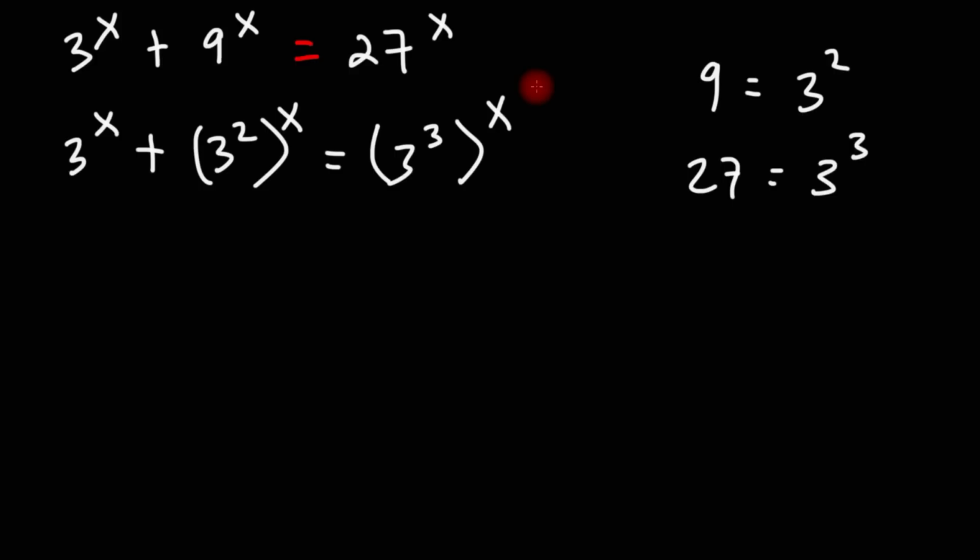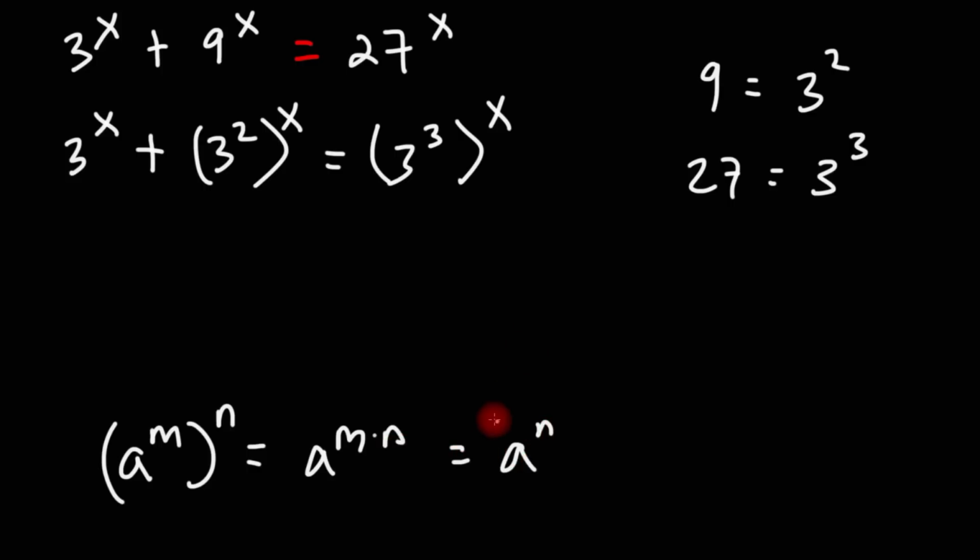Now, what should we do next? Whenever you raise an exponent to another exponent, you can multiply the two exponents. So a to the m raised to the n is a raised to the m times n. You can also reverse it. m times n is the same as n times m, or 5 times 3 is the same as 3 times 5.